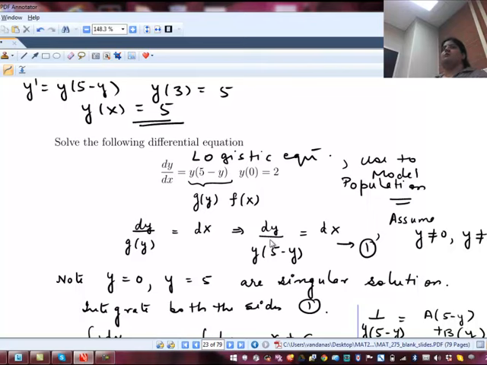That's it. You don't have to do anything. Unique solution, because that is what we are looking for. And if I give y at some value as 0, then it will be 0. That's it. No need of solving it.